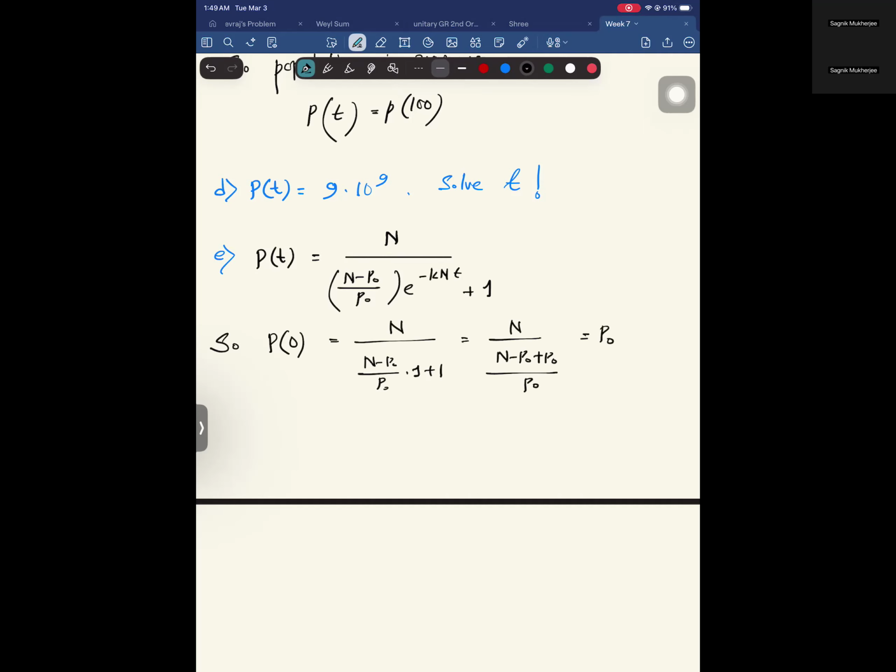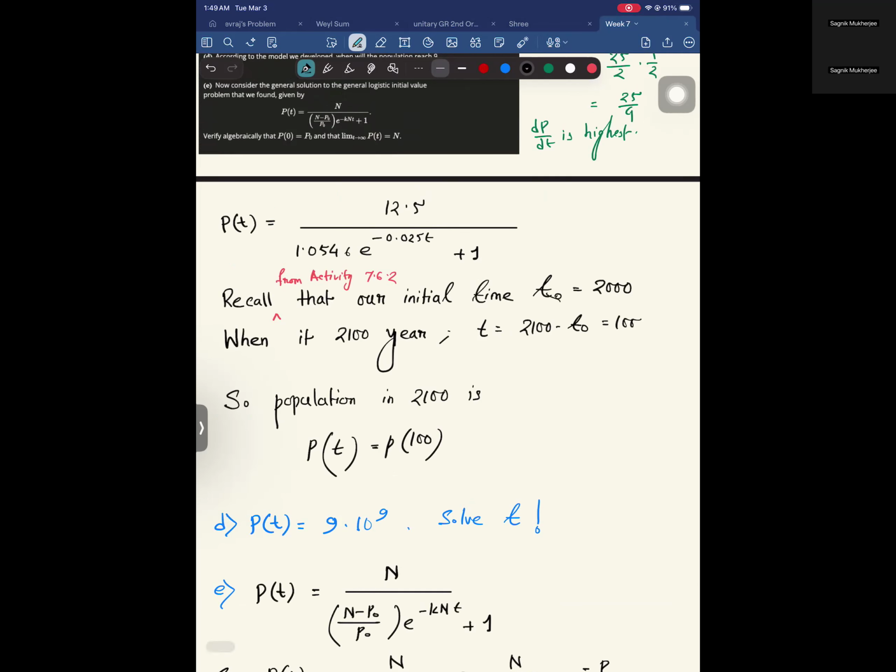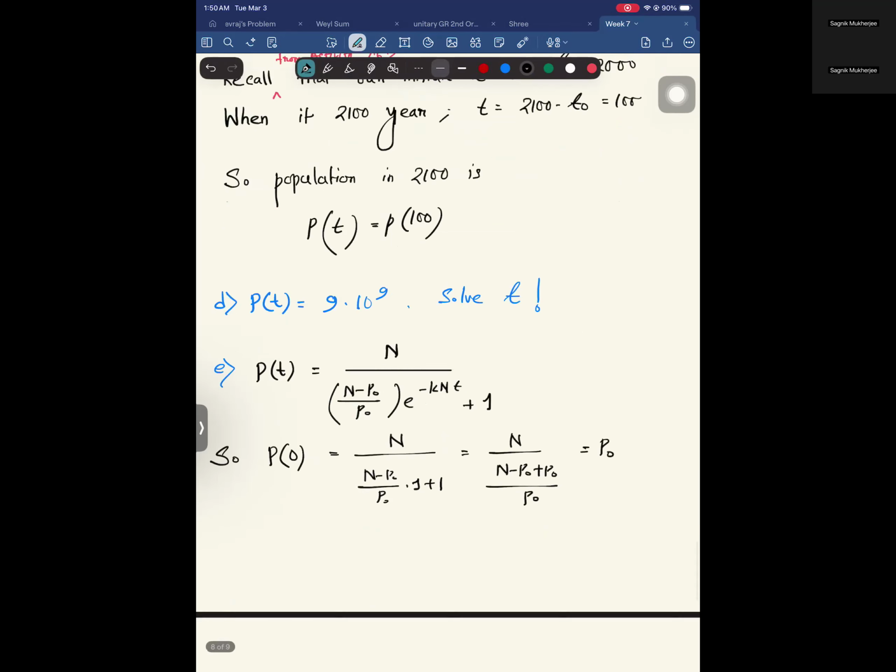So this solution indeed gives you P of 0 as P0. So my point is that in this question, the initial time is this. Oh yeah, T0 is 2000, my bad.